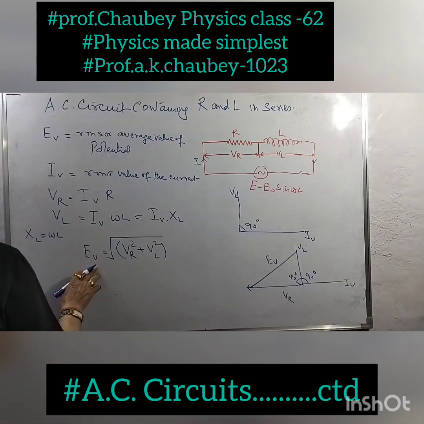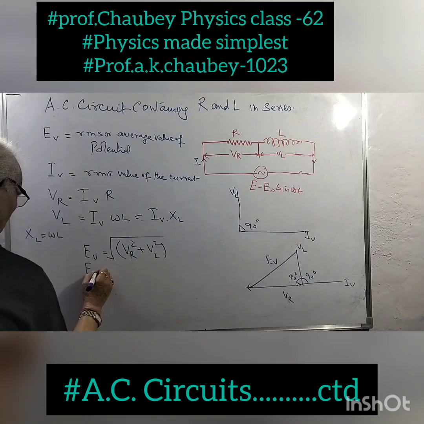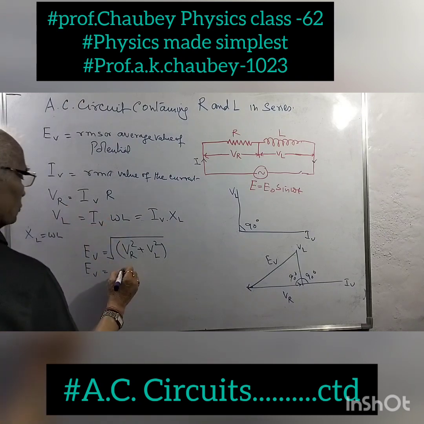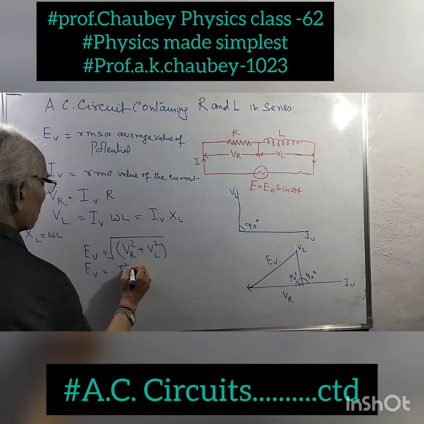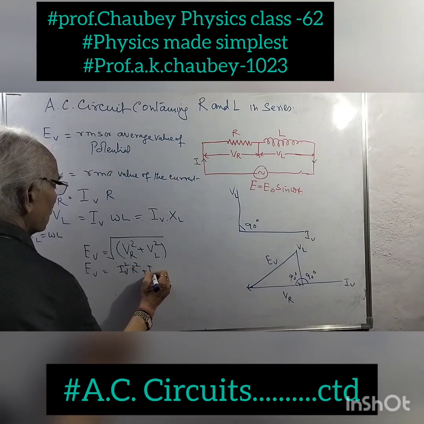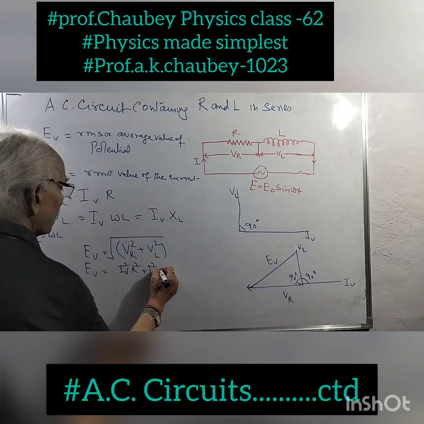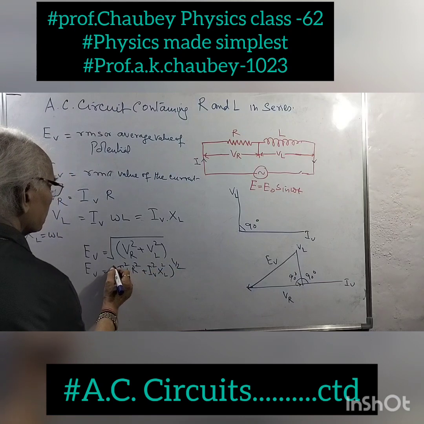So you have EB equal to the square root of VR square plus VL square. VR is IB R, VL is IB XL. So this is IB square R square plus IB square XL square, to the power 1 by 2.